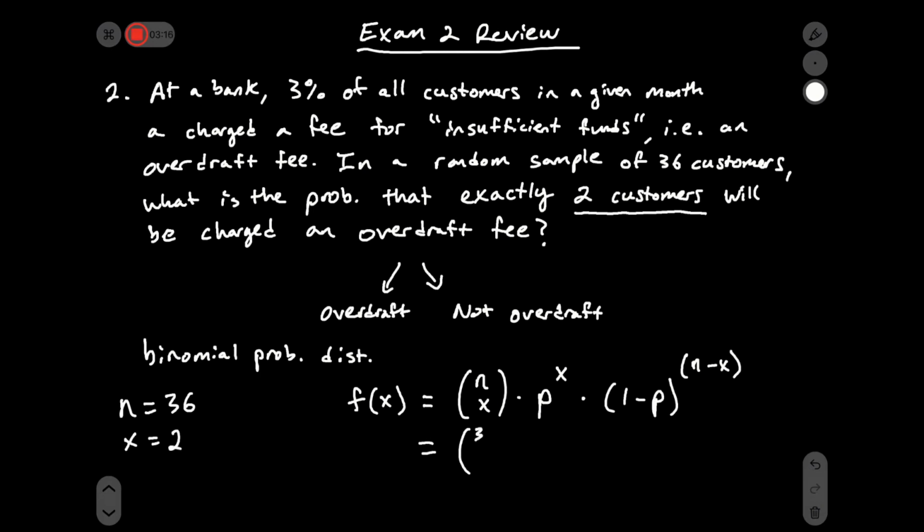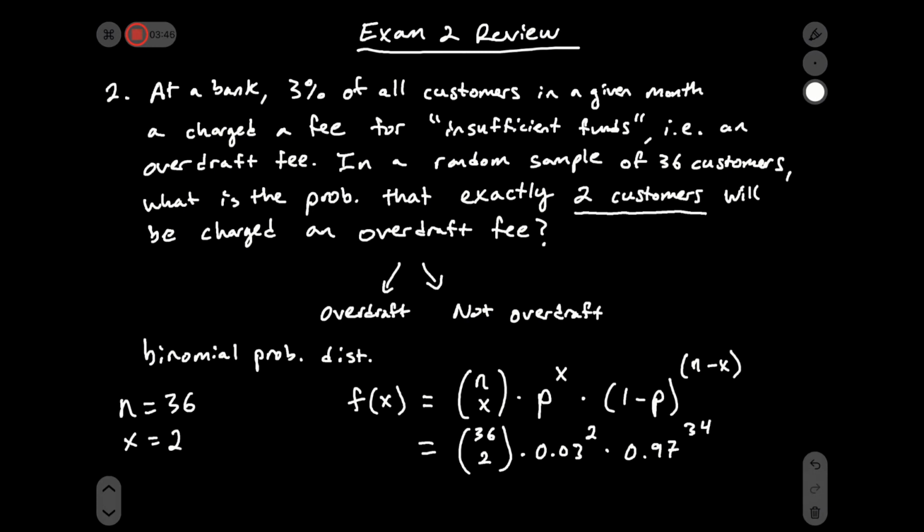So we're going to find 36 choose 2, times the probability, which is 0.03 to the power of 2, times the remaining probability of not overdrafting, which is 0.97, to the power of 36 minus 2, or the power of 34.